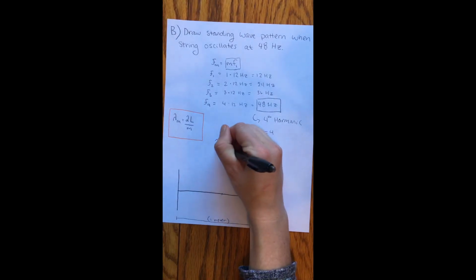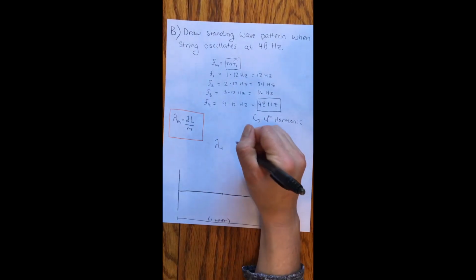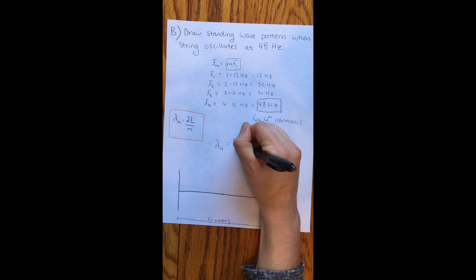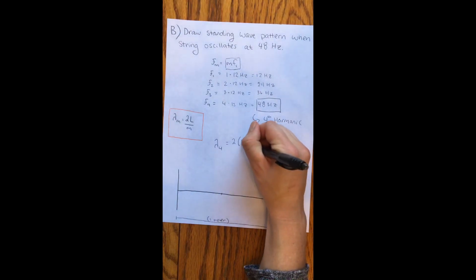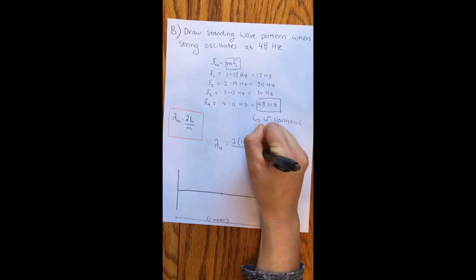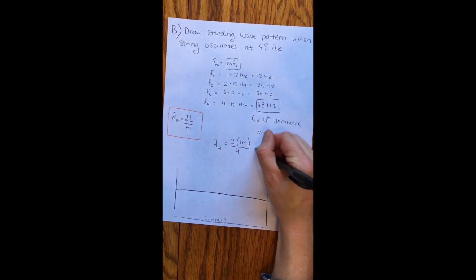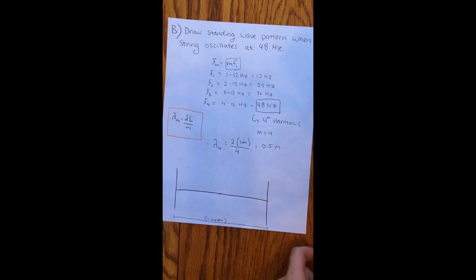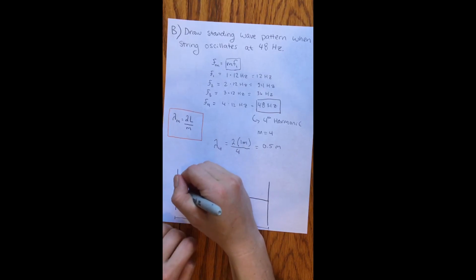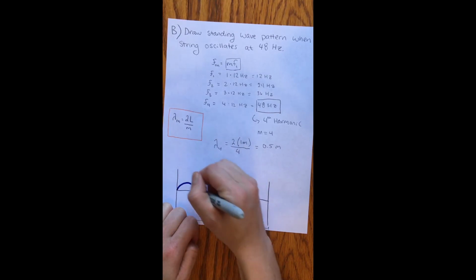So the wavelength of the fourth harmonic is equal to 2 times the length, once again that's 1 meter, divided by 4, because remember m is equal to 4, and we get 0.5 meters. So one wavelength is equal to half a meter. Keeping that in mind, this is how we're able to draw it.